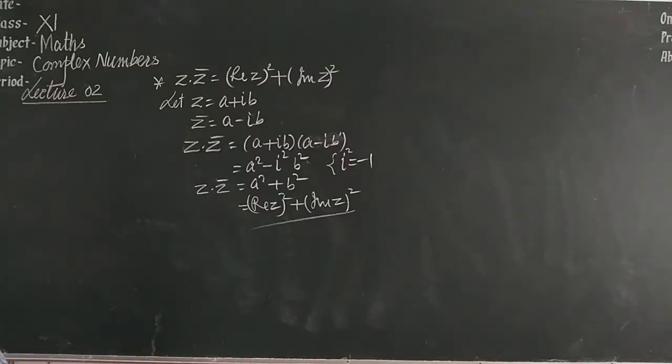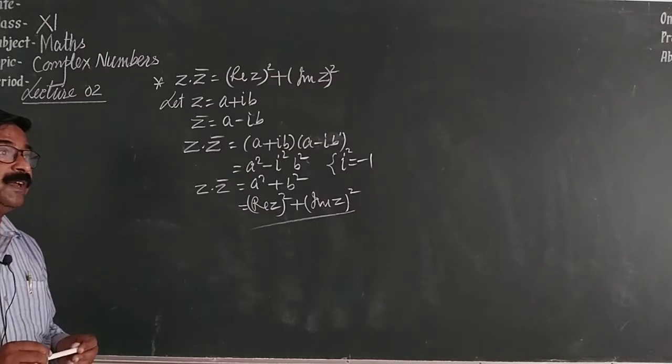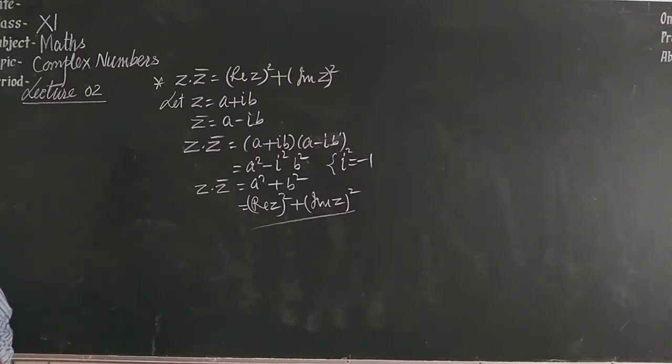Now let's see, if we have z1 and z2 two complex numbers, then z1 plus z2 bar is equal to what? Let's see.